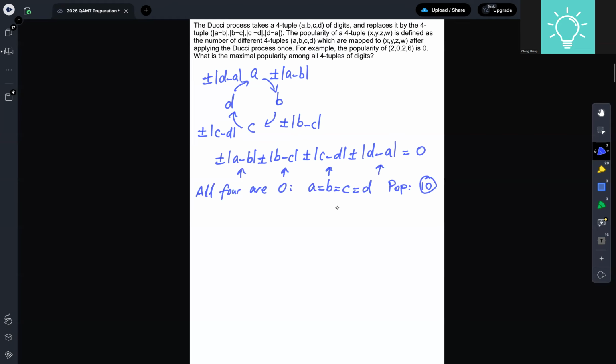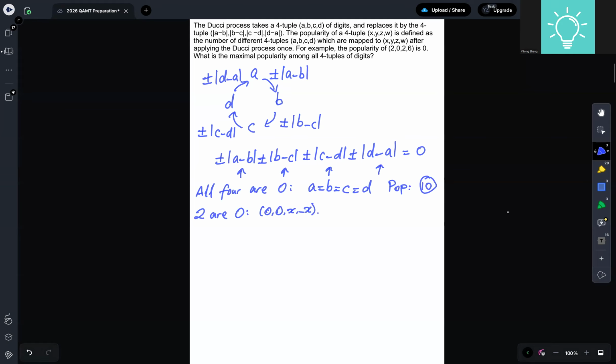So, what happens if 3 are 0? Because the sum of the four things is 0, then the fourth thing must be 0. Okay. What happens if 2 are 0? When the sum of four things is 0, then maybe they are 0, 0, x and negative x in some order, right?